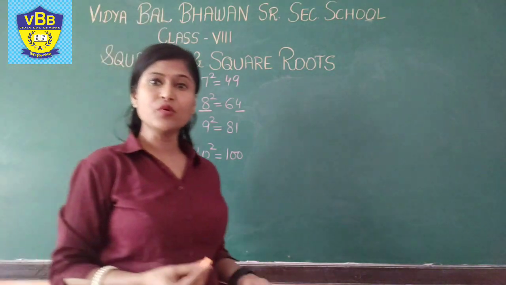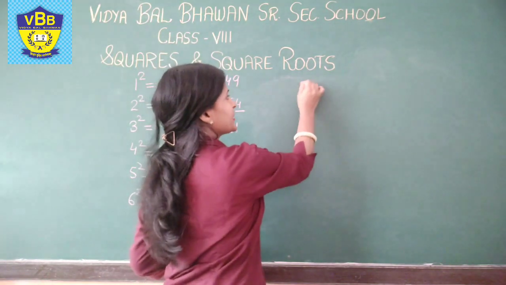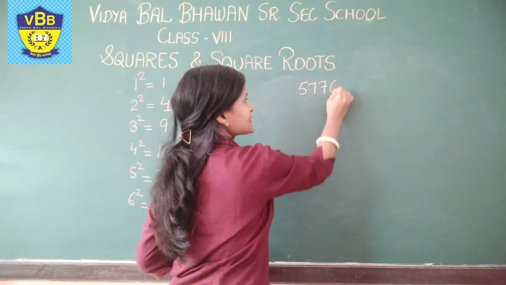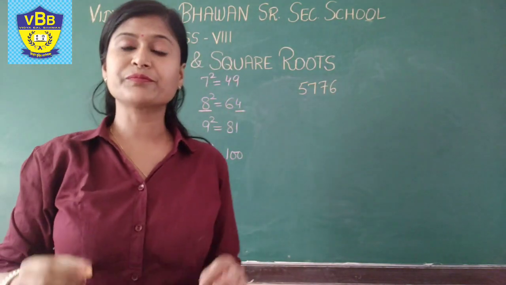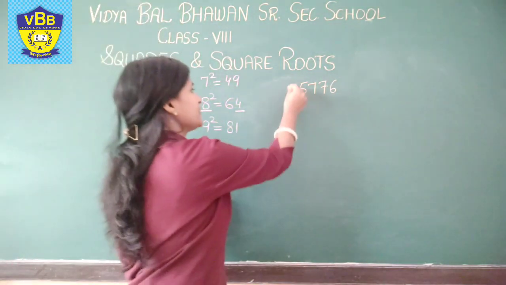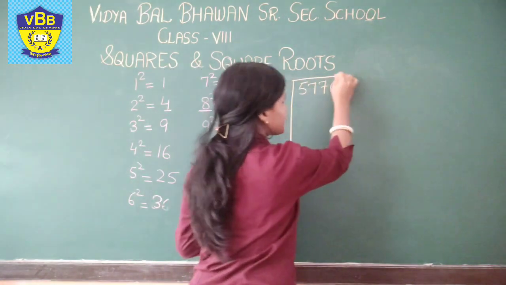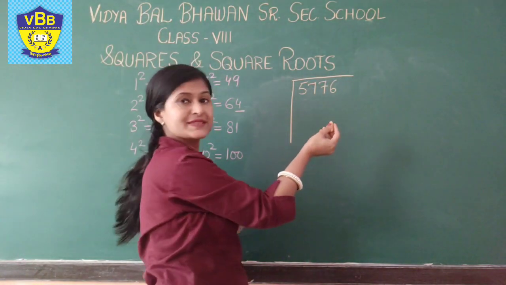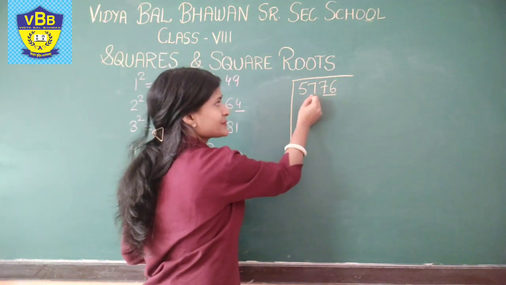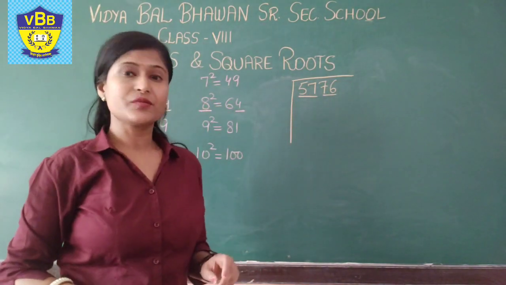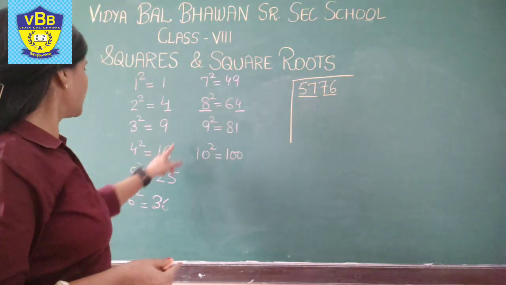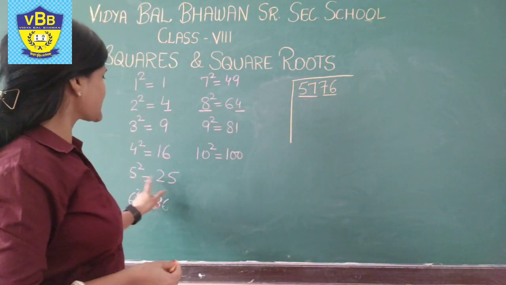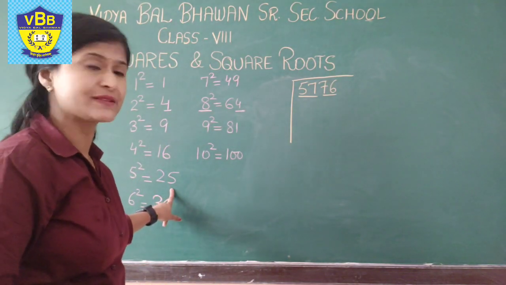We are doing one more example, that is 5776. We will find it by the long division method. So again we do the same thing. Make a pair first. 5 square is 25, which is lesser than 57.